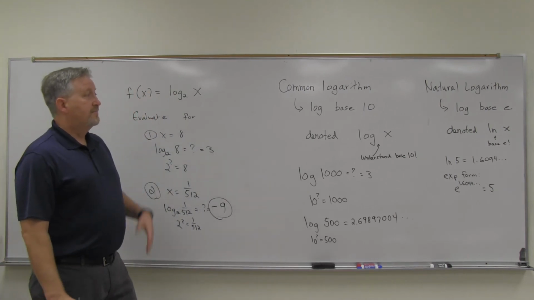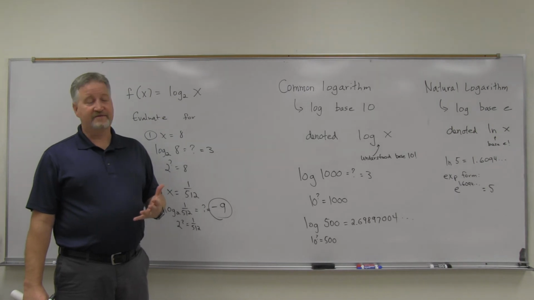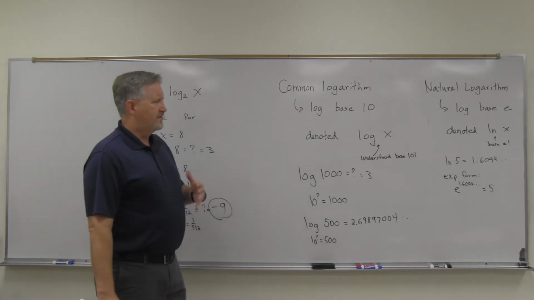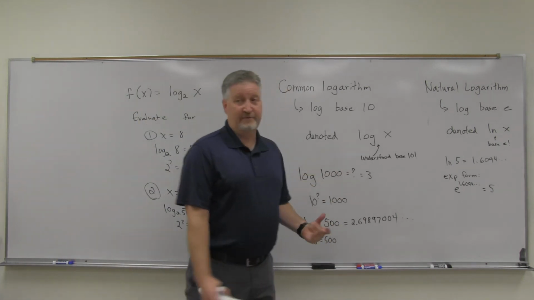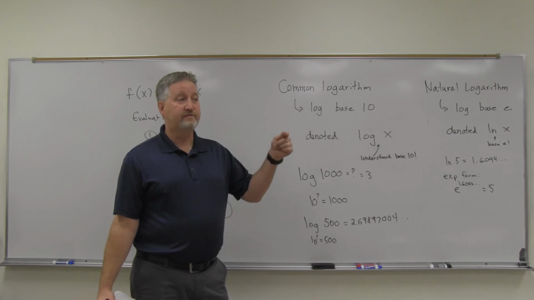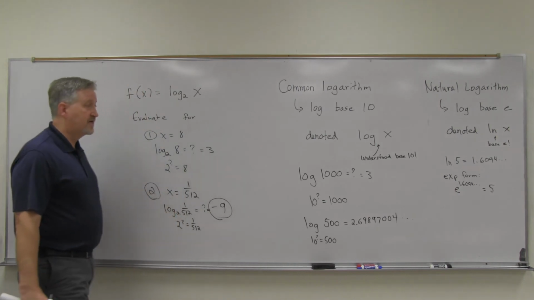These are not at all nice numbers unless you have a power of e, because you're dealing with base e. Remember what e was? 2.71828 was the first few decimal places of it.